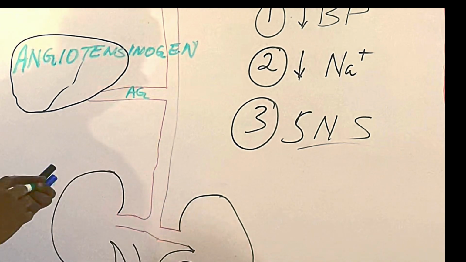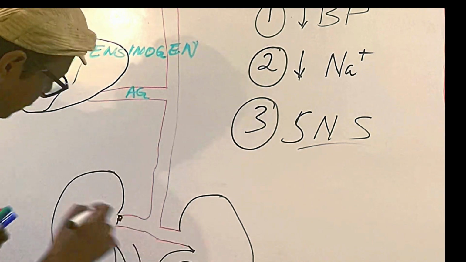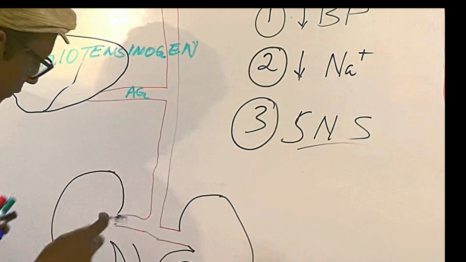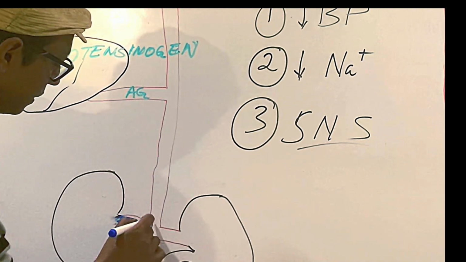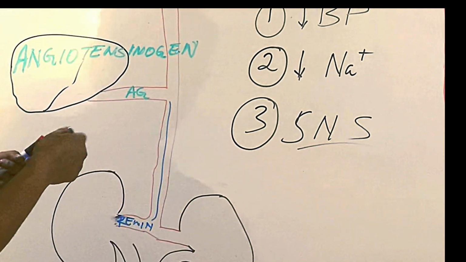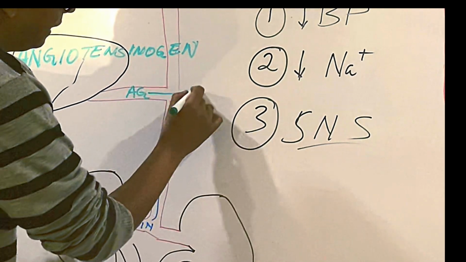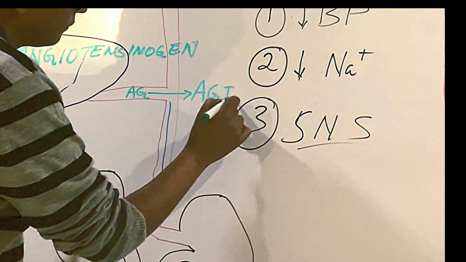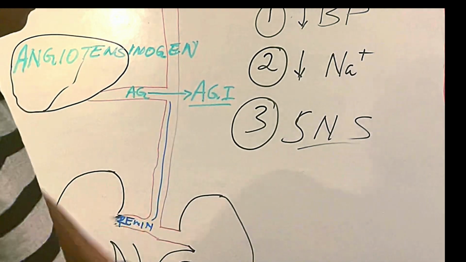We know that renin is liberated from here, so renin will now go and meet with the angiotensinogen, and the angiotensinogen will be converted into angiotensin 1.